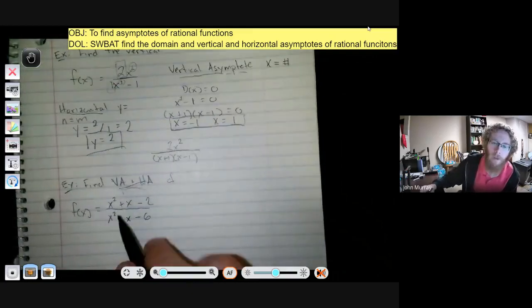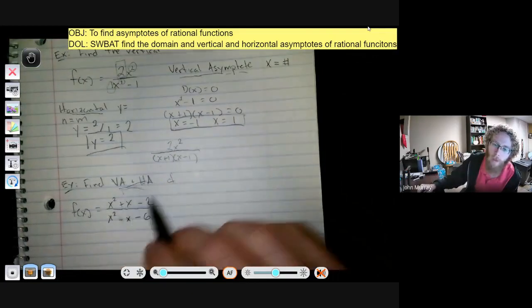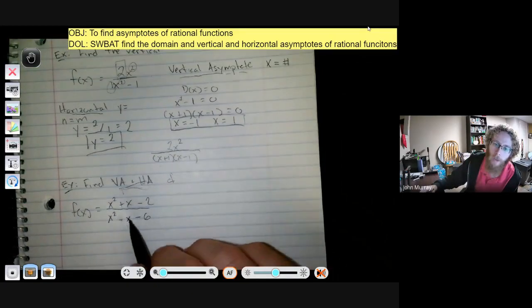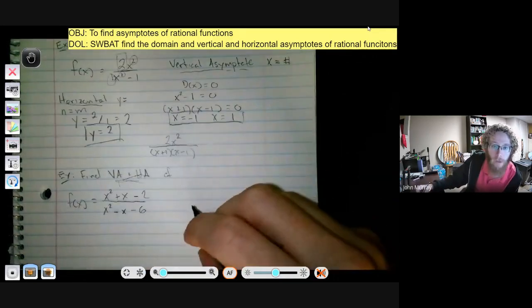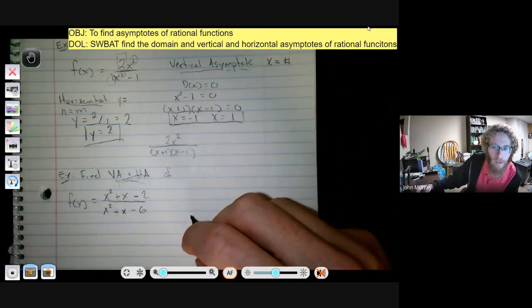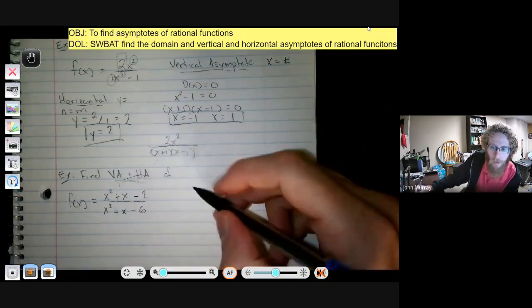All right, so now we're going to take a look at the function x squared plus x minus 2 over x squared minus x minus 6. So actually this time I'm going to start with the horizontal asymptote.